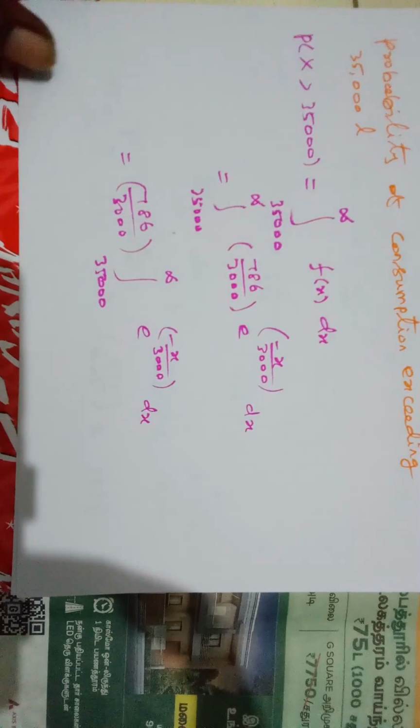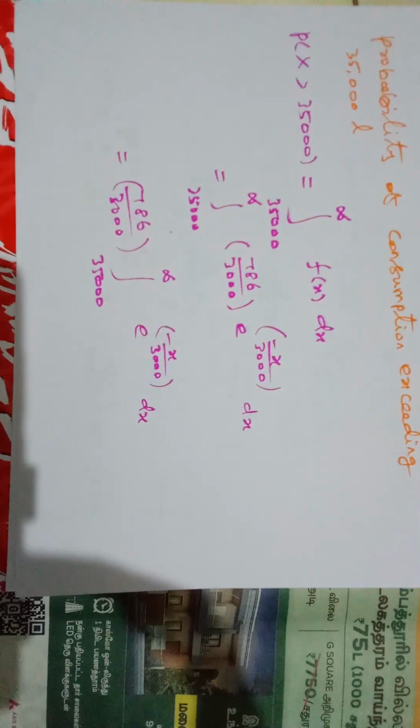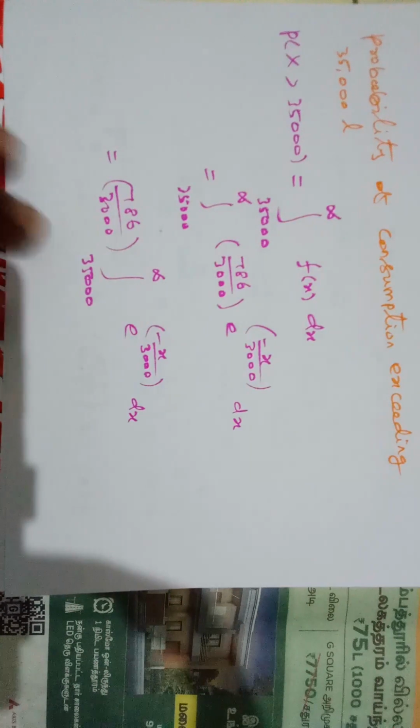the probability of consumption exceeding 35,000 gallons. Now the probability P of X strictly greater than 35,000 is equal to the integral from 35,000 to infinity. See the symbol, strictly greater than, so up to infinity, f of x dx.